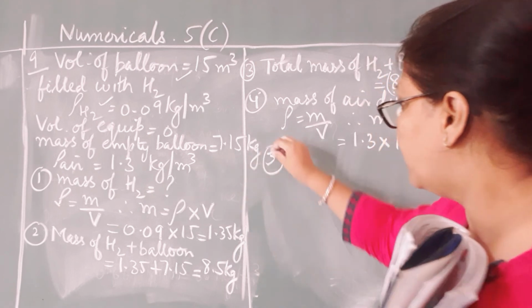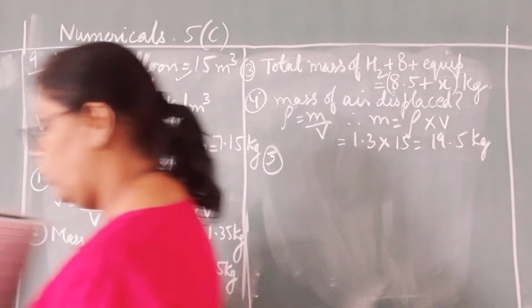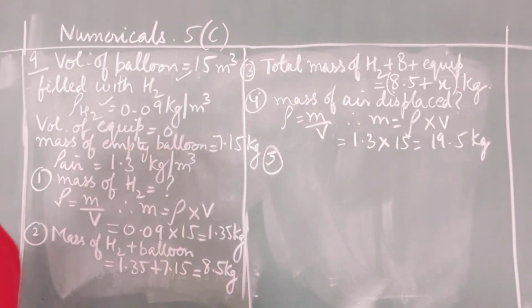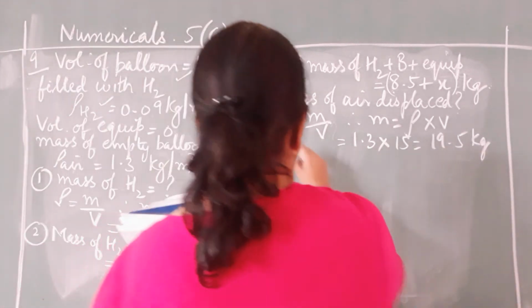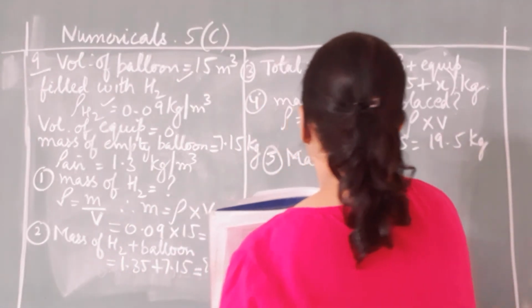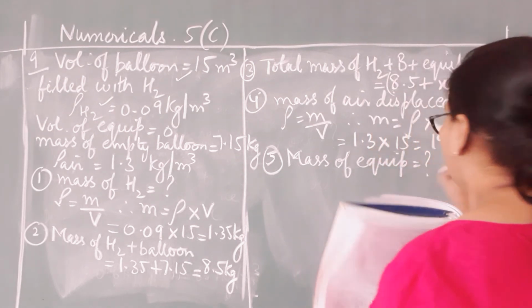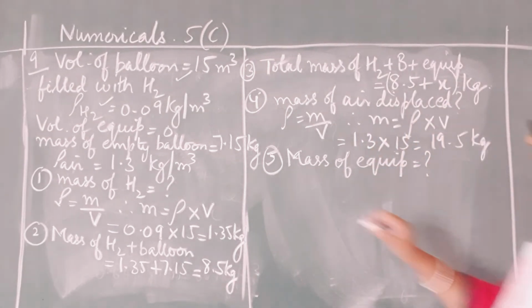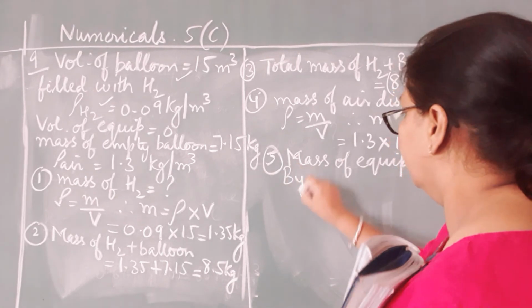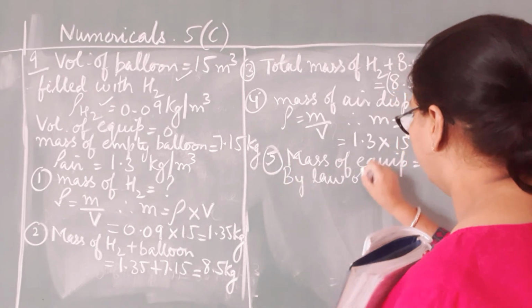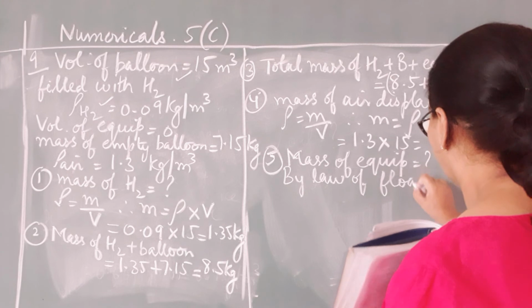And the last part of the question says you are supposed to find the mass of equipment. They asked you to use the law of flotation. So by the law of flotation. Okay, children.